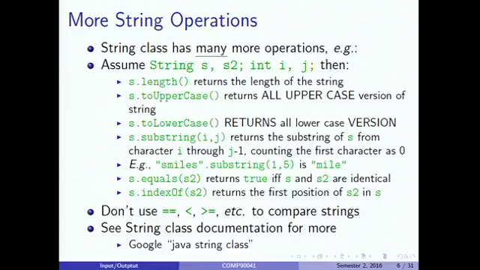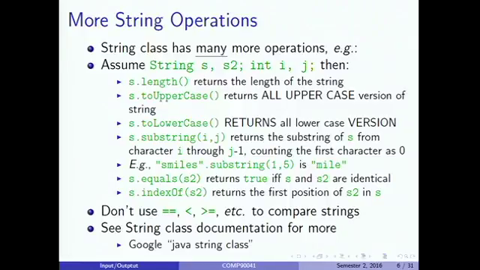Okay, so for example, if I take smiles, substring 1 to 5, well, 1 is the M, and 5 is the S at the end. 0, 1, 2, 3, 4, 5. So S is number 5, but it goes up to but not including that.